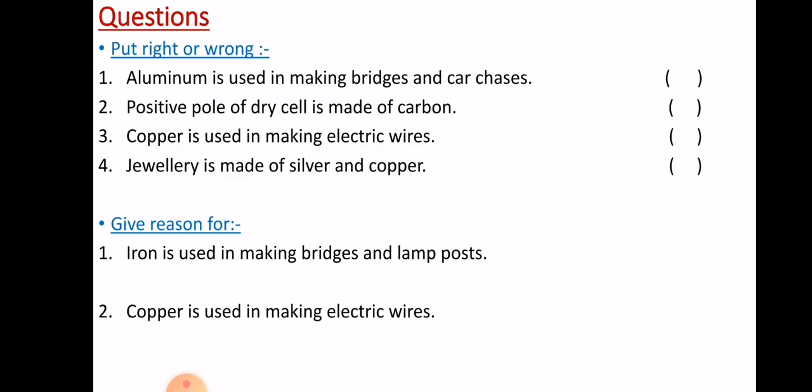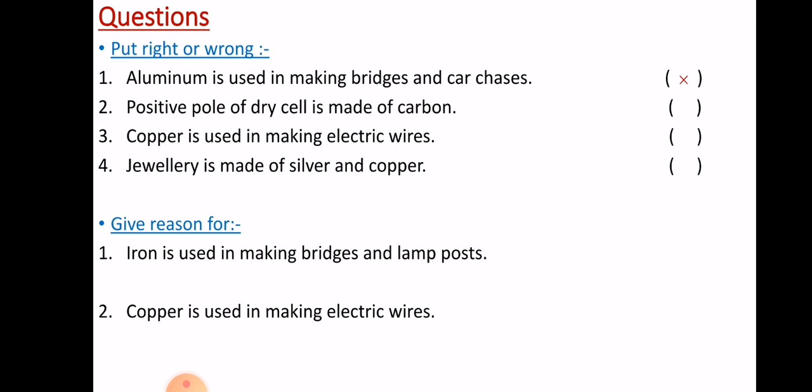Question number 1, put right or wrong. I'll give you about 5 seconds to think with me about the right answer. First, aluminum is used in making bridges and car chassis. The answer is wrong.